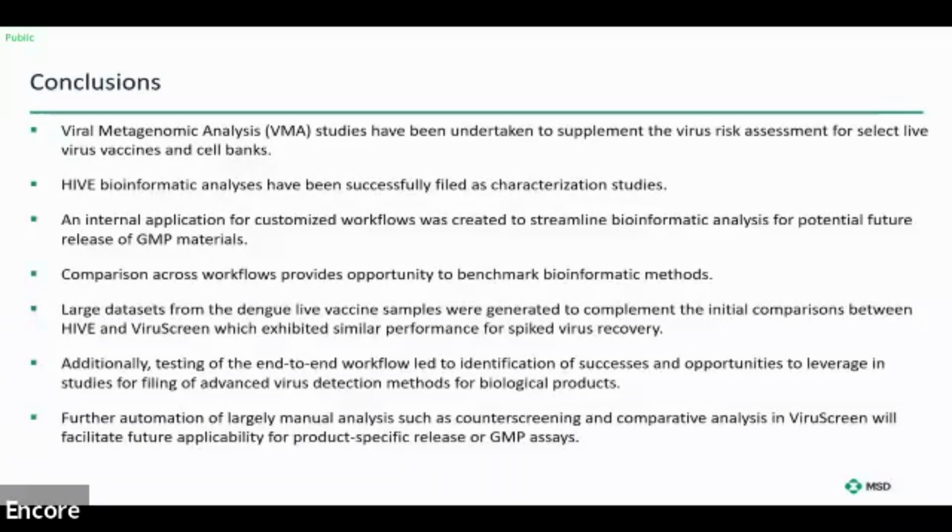We've compared the workflows, benchmarked, generated large data sets to complement the initial comparisons, and then we've additionally tested the end-to-end workflow, which led to the identification of some successes and opportunities to leverage in studies for future filing studies. And then obviously further automation of the largely manual analysis, counter screening and comparative analysis, putting that into the GMP version would be really helpful for the future.